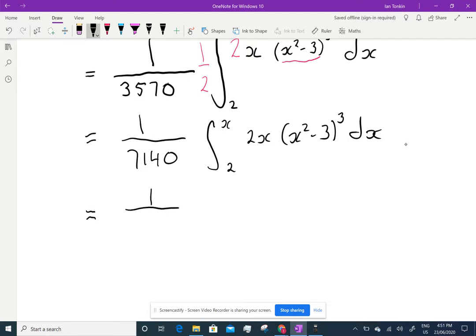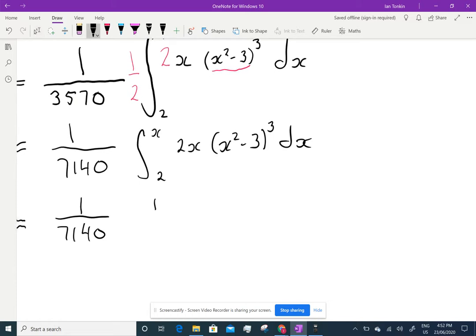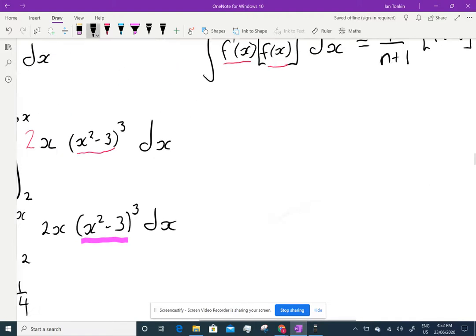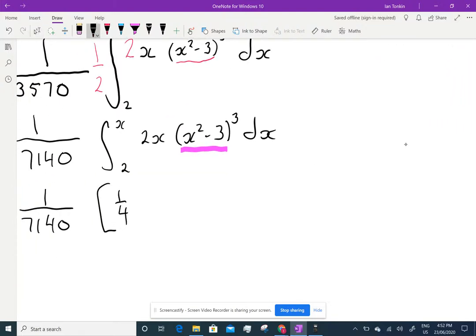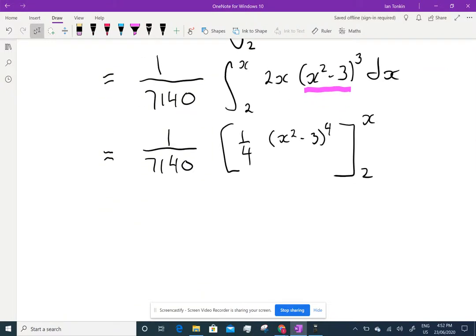So 1 on 7140, and our formula says, add 1 to the power and divide by it. So I get a quarter. I'm going to put this in parentheses, but I can take it out, and I will in a minute. And then this function raised to the power of 1 more. So x squared minus 3 to the 4 between, and I don't need the plus c because I've got parameters, and I'll take that quarter out.